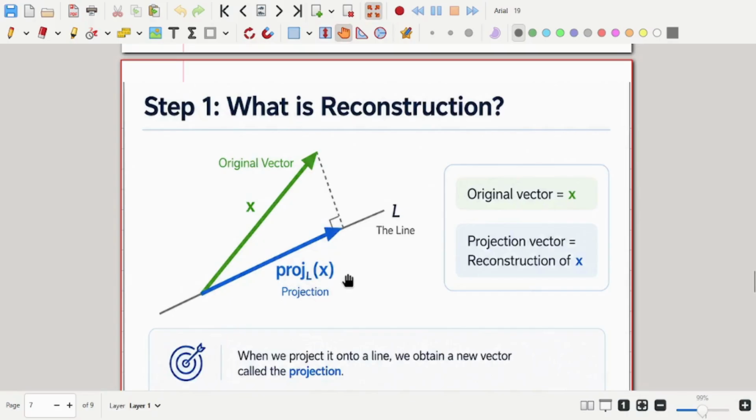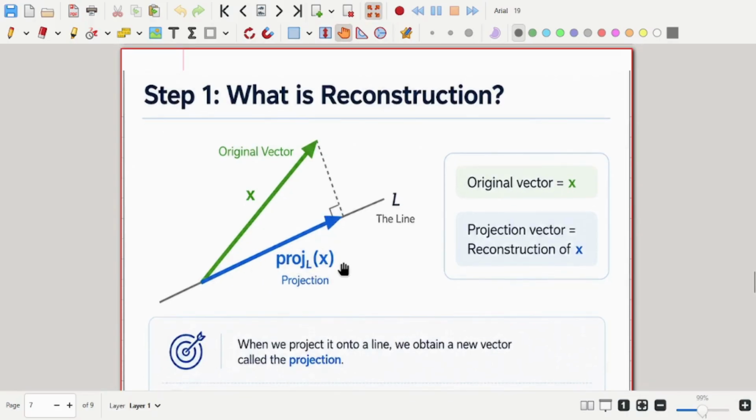Now let's learn what is reconstruction. This green arrow means our original vector, and this blue arrow is the projection of this x on this line L. In simple words, reconstruction means the projection vector.